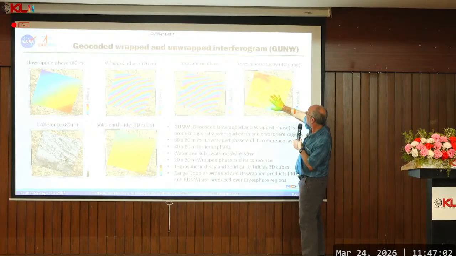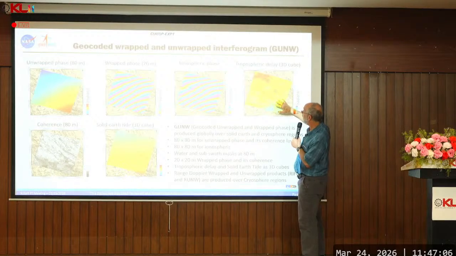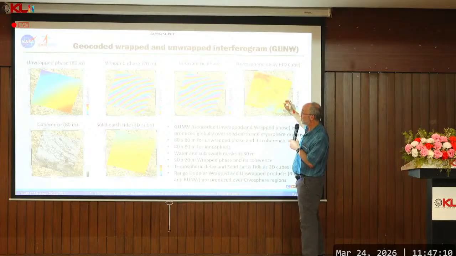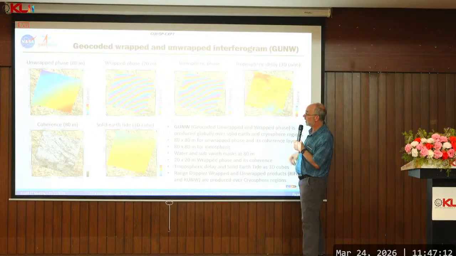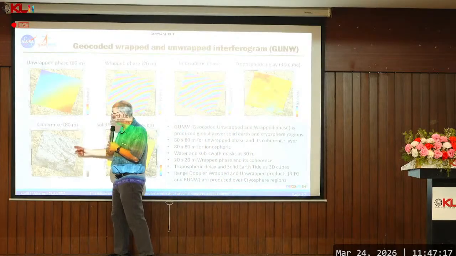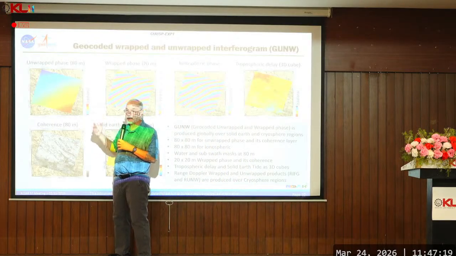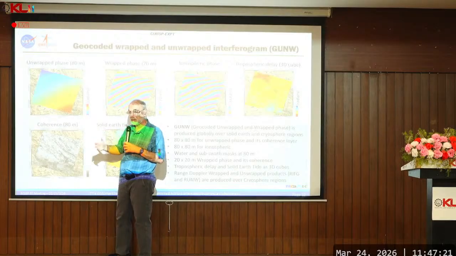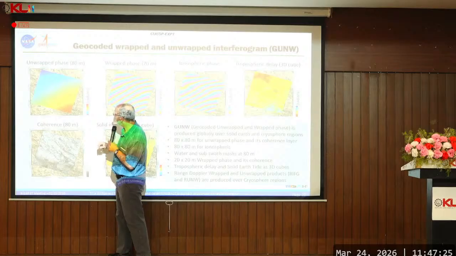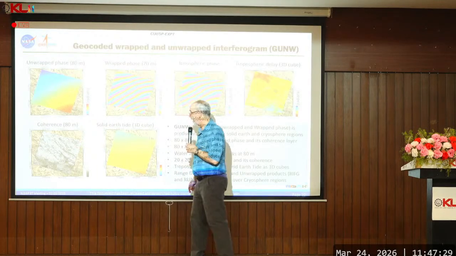We also provide a layer for the tropospheric delay, which comes from a model. We don't apply it to the data, but it's provided as a convenience. There's another layer which has the coherence, which at L-band generally tends to be high over 12 days, pretty much everywhere globally, not everywhere, but most places. And you can see here that is a layer.